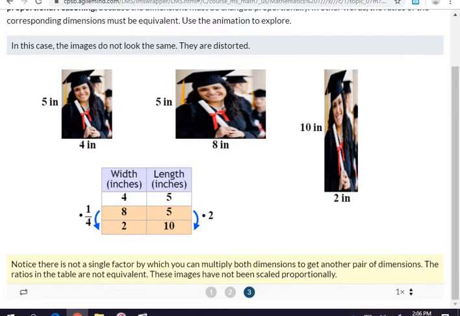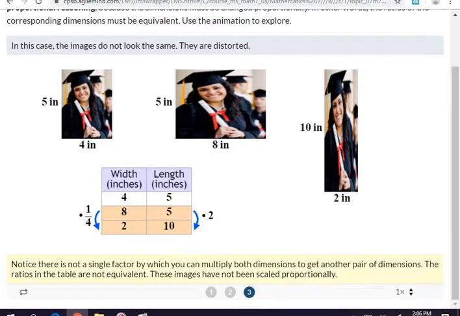On the first image, she stretched it long ways and it made herself look fatter because she didn't keep it proportional. Then on this long one, she made herself tall and skinny, and it did change the picture because she did not keep the length and width proportional.